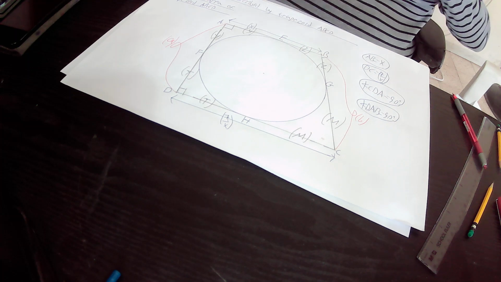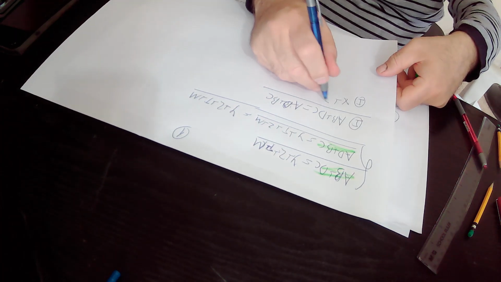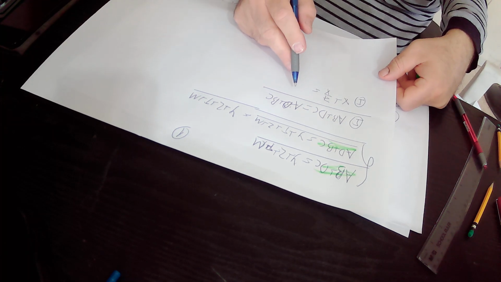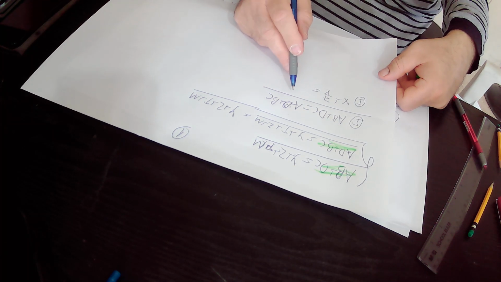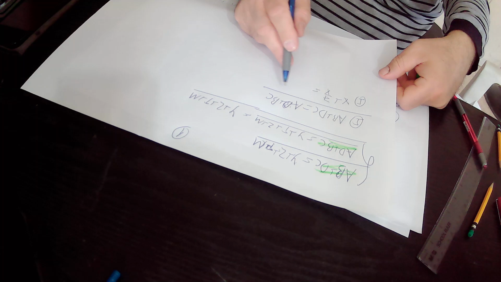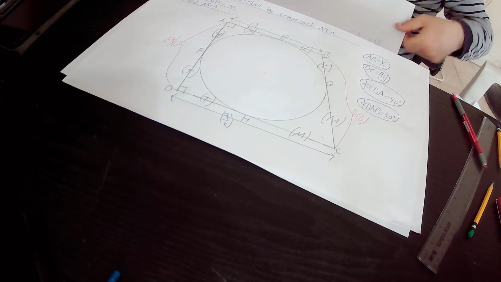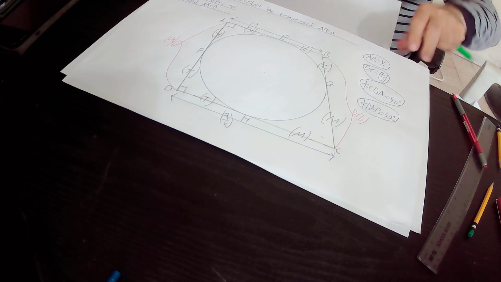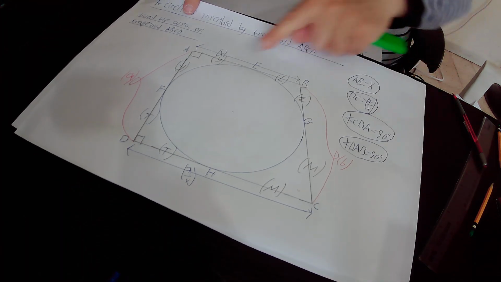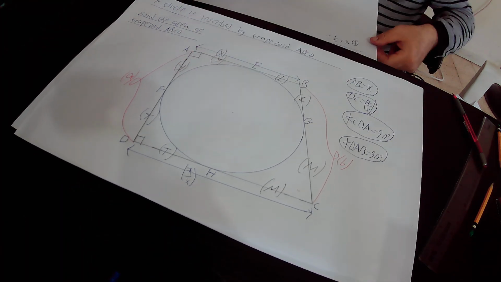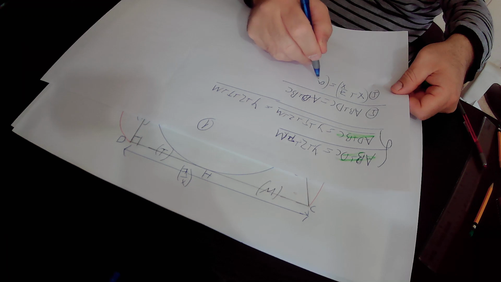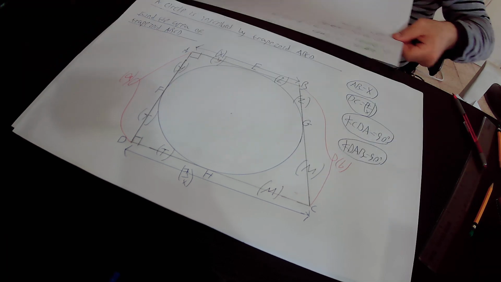So we substitute DC by 7 over x, and on the other side of equation 1 we have AD plus BC. AD according to our definition equals A, so we substitute AD by A, plus BC.